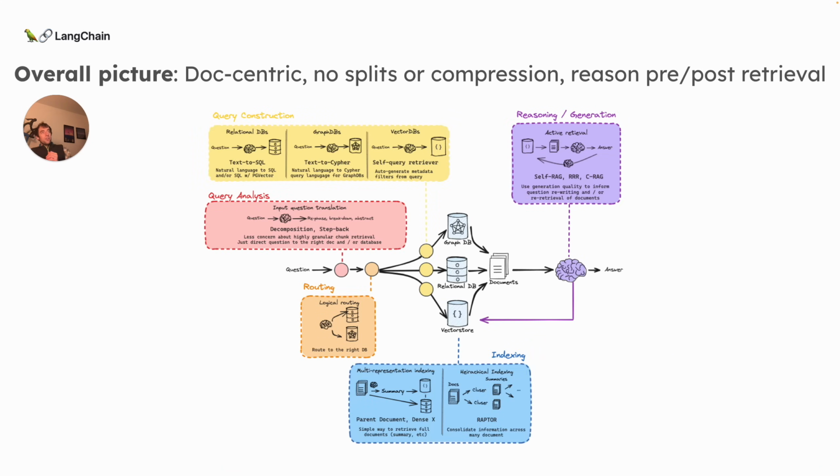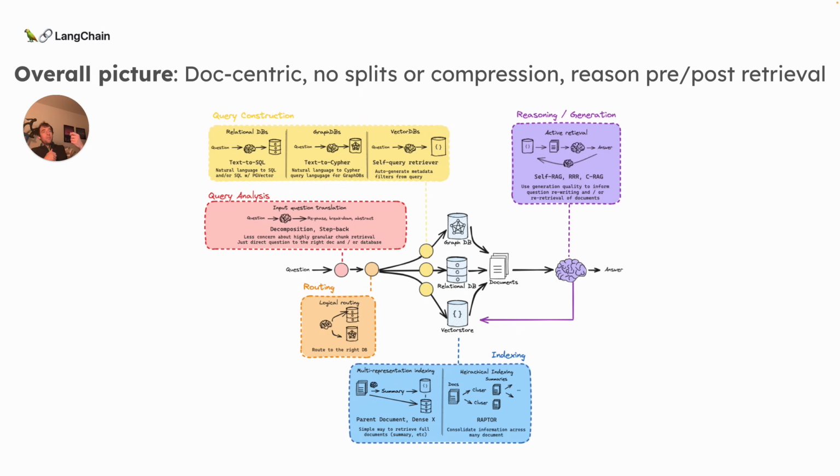And so the overall picture looks like this, where I think the problem of routing your question to the right database and/or to the right document remains in place. Query analysis is still quite relevant. Routing is still relevant. Query construction is still relevant. In the long context regime, I think there is less of an emphasis on document chunking.